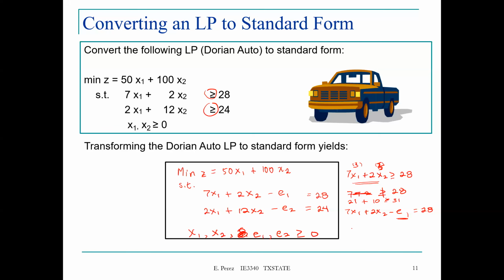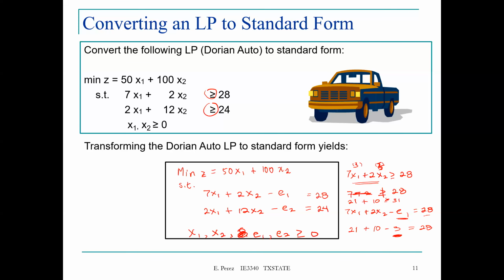So this is 21 plus 10. For this to be 28, this has to be minus 3 equals 28. So that excess variable is saying that you were able to satisfy the constraint, but you were above that amount by this much.